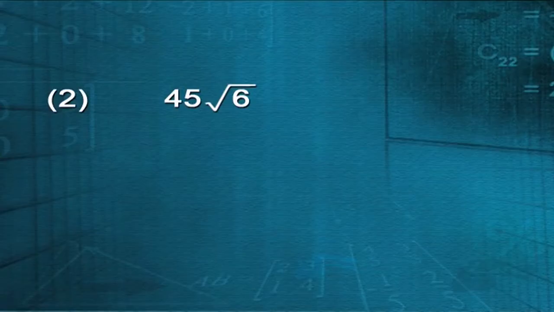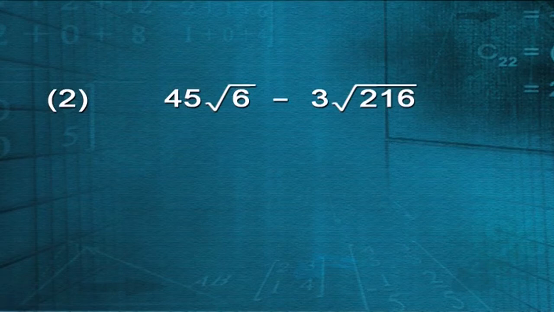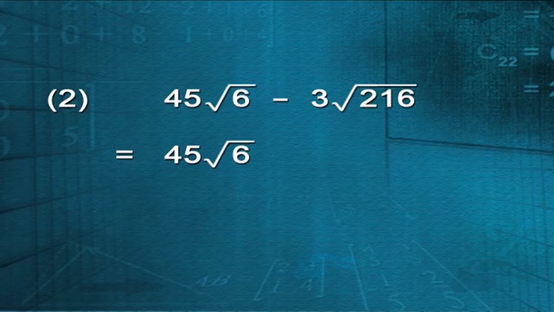Let us see the subtraction or the difference of the surds. Example is 45 root 6 minus 3 root 216. Again, 45 root 6 will be written as it is, and under root 216 can be written as 6 into 6 into 6.